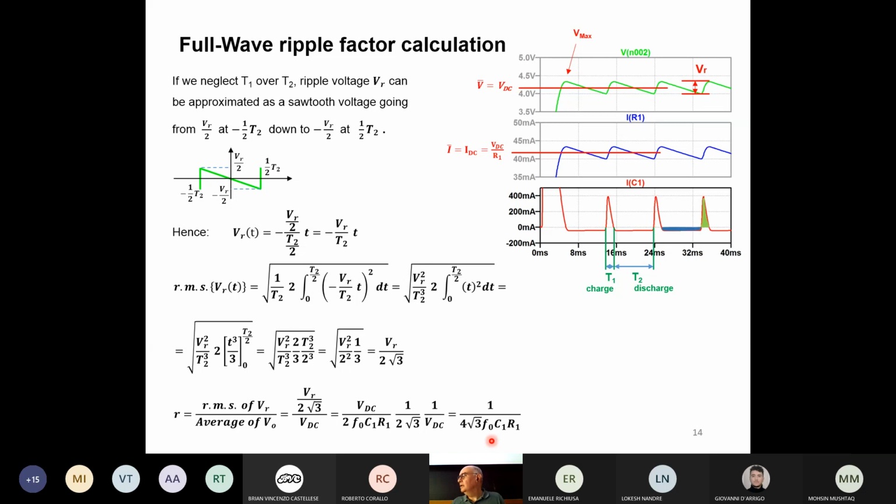If you are taking the power from the mains, we cannot change the frequency. But if we are designing a switching power supply, like what we will do with Professor Vitale, you can decide to increase the frequency. If you increase the frequency, the ripple will go down. We can also increase C1.